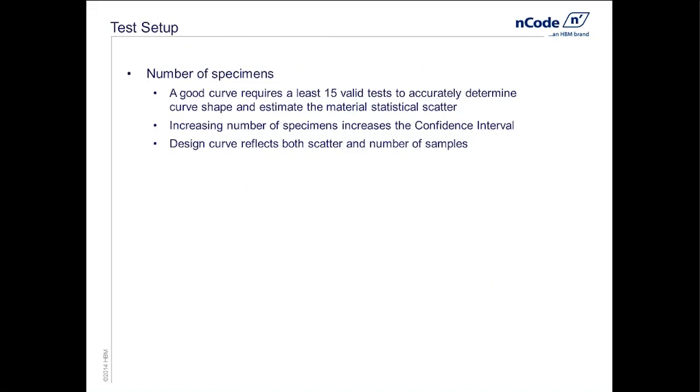When we set up the test, one of the first decisions we have to make is the number of specimens. To get a good baseline curve, you need a minimum of at least 15 specimens. That's going to allow us to accurately determine the curve shape and the scatter within the material. As we increase the number of specimens, we increase the confidence level we have in the data.